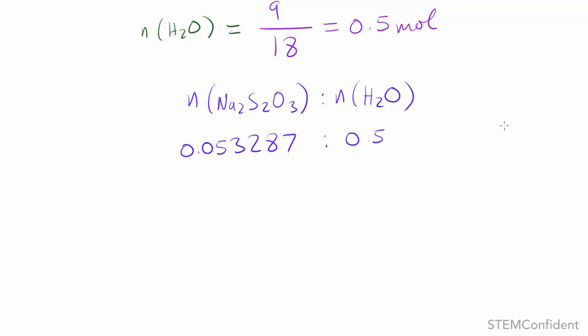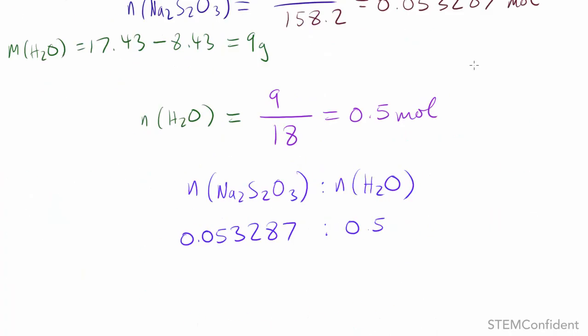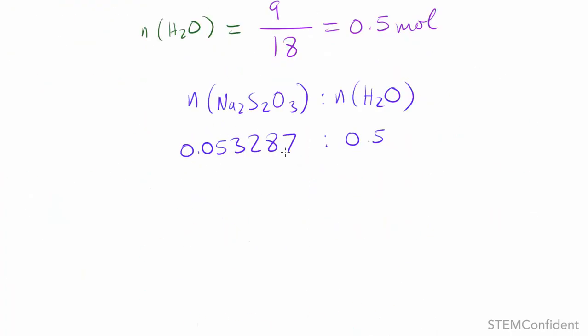The question, as I said, is concerning 1 mole of Na₂S₂O₃, so we want this value on the left-hand side to be 1.